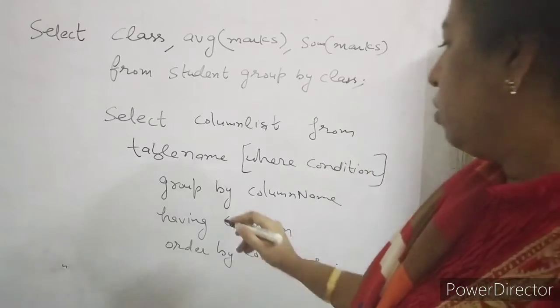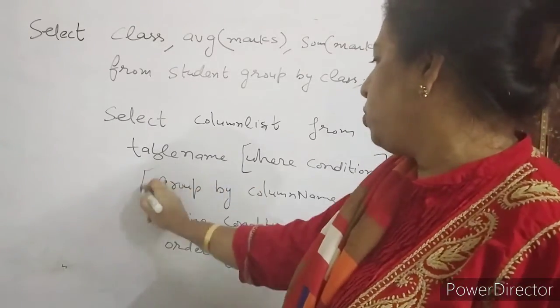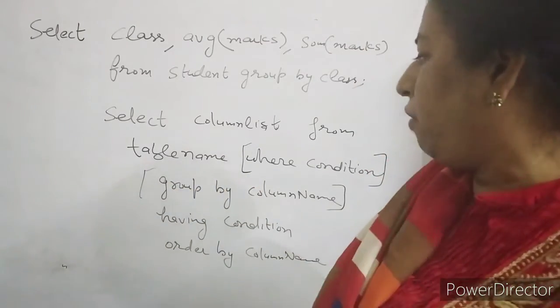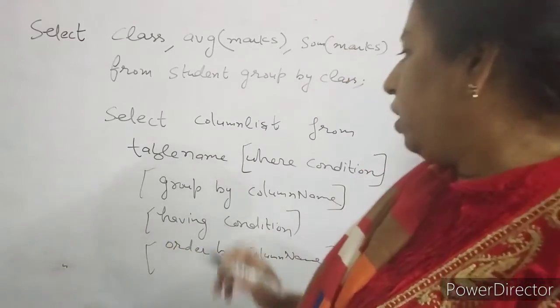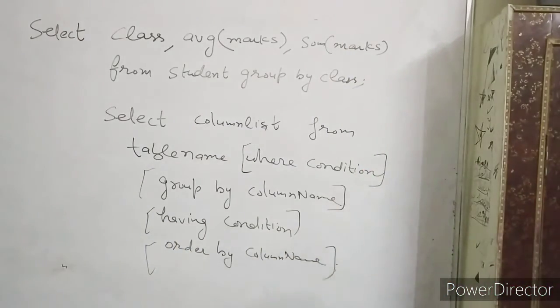Okay, here this group by clause is also optional. If I require the grouping, then I will put it. According to the demand of the question, we will apply these clauses. If in my query there is a conditional clause, as you read earlier, we put the where clause, where condition, select star from student where class equal to 12.